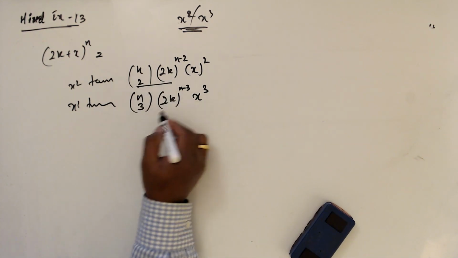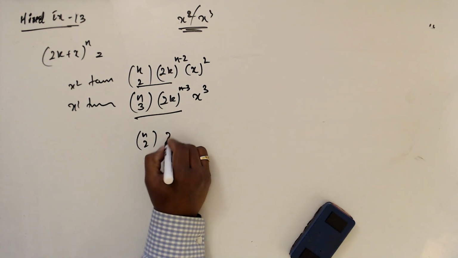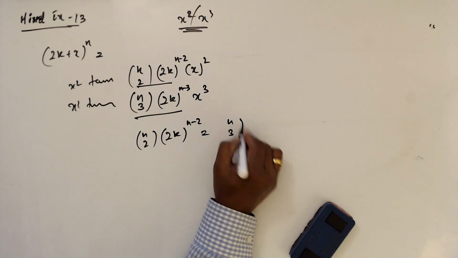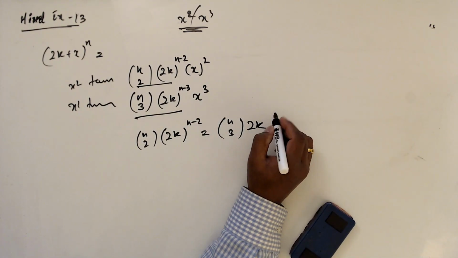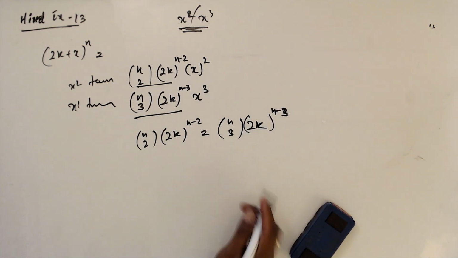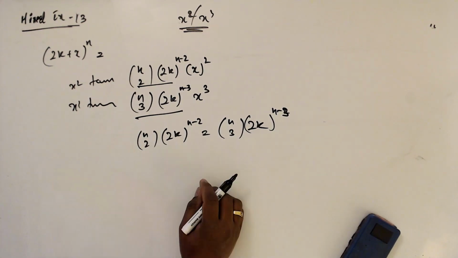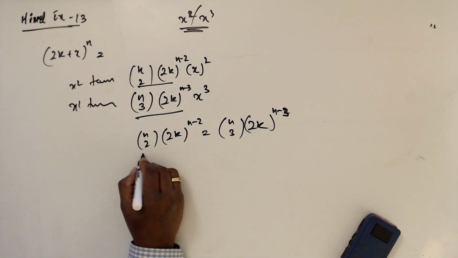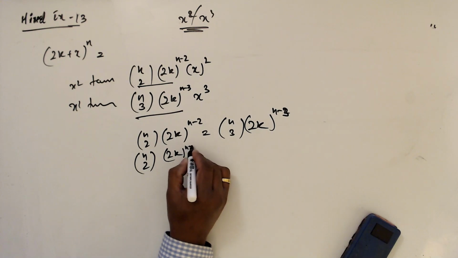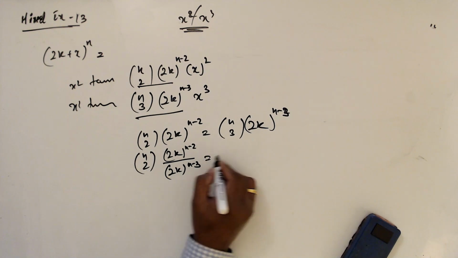So those two coefficients are equal: nC2 times (2k) to the power n minus 2 equals nC3 times (2k) to the power n minus 3. I'll bring the 2k terms together, so (2k) to the power n minus 2 divided by (2k) to the power n minus 3 equals nC3.